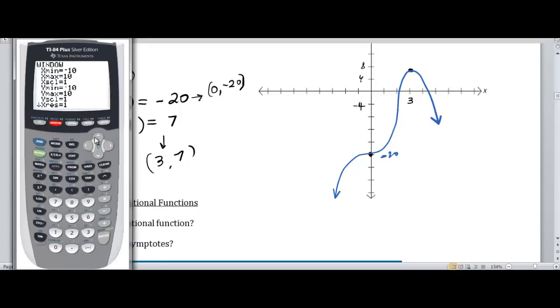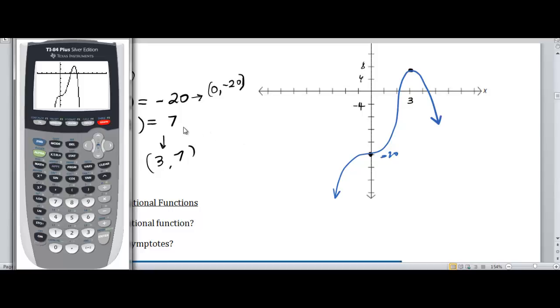So let's change the window to go from negative 5 to 10, that's fine. The y-min, let's change it to negative 30, and the y-max is 10, that's fine, but my scale is going by 4s. Okay, and that's what we have here.